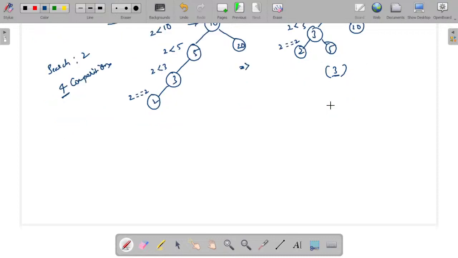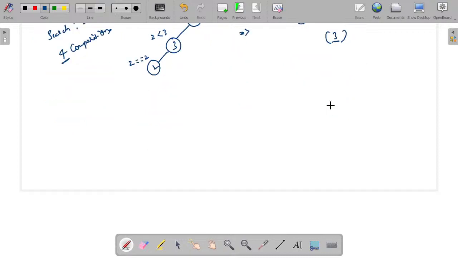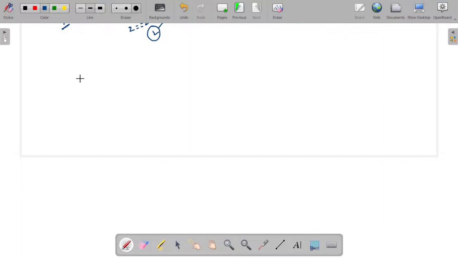Our goal in writing algorithms or programs is that the search time should always be as low as possible. The known fact is that linear time complexity, big O of n, is always bigger than logarithmic time, which is log n. The time complexity of AVL tree is big O of log n.